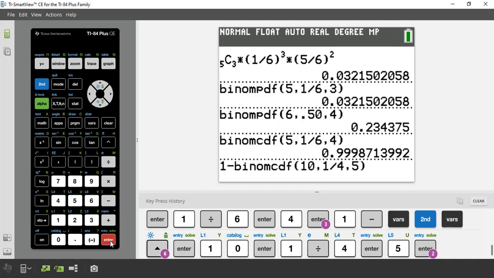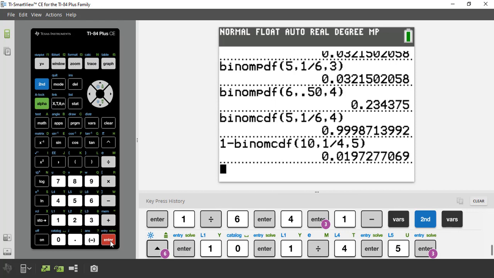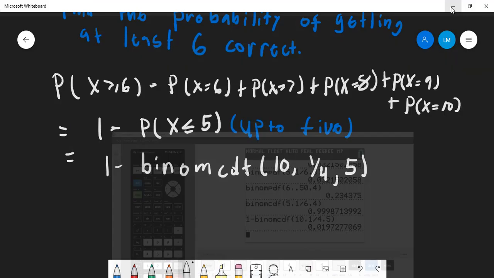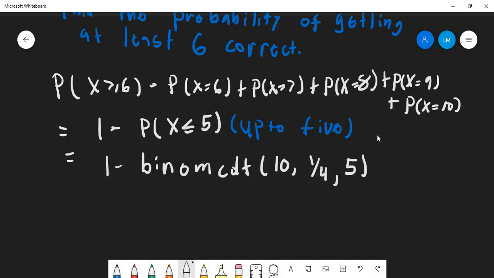So we click enter. And okay, so there's a 0.0197 chance of passing. We round to 4 decimal places, and we get 0.0197, or about 2%.